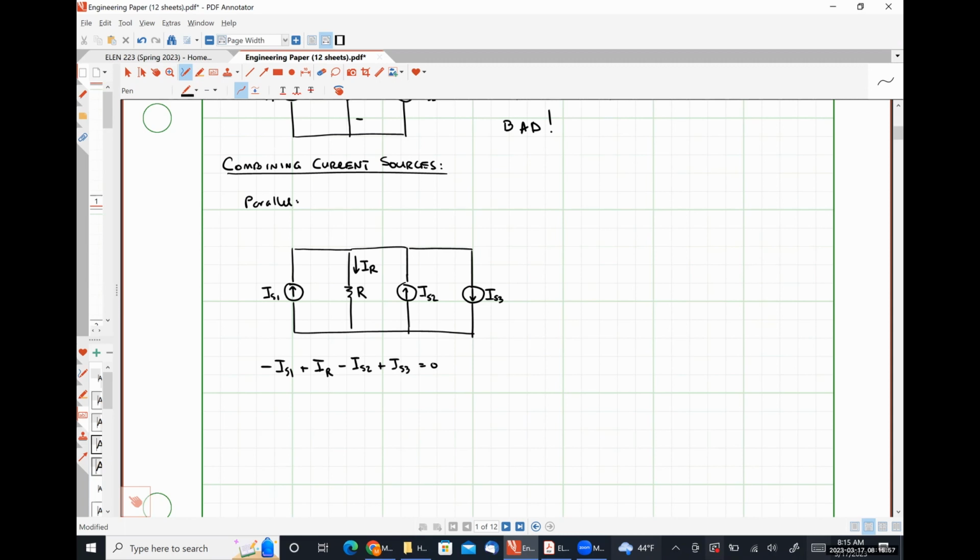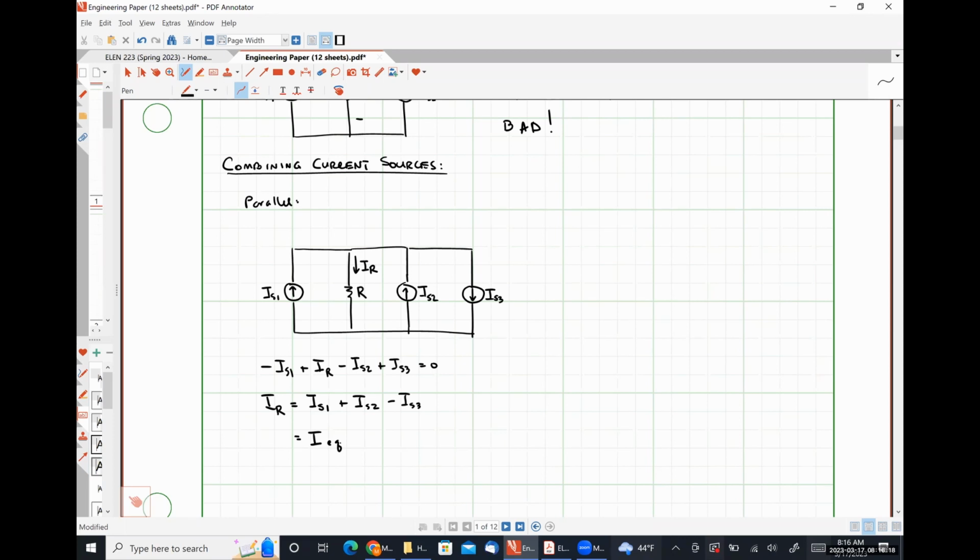I'm going to put my resistor current on one side of the equal sign. So I'm going to have IR will be equal to IS1 plus IS2 minus IS3, or some equivalent current.